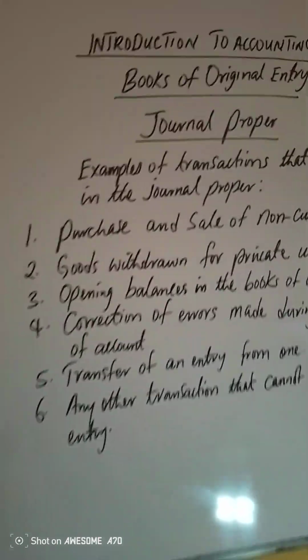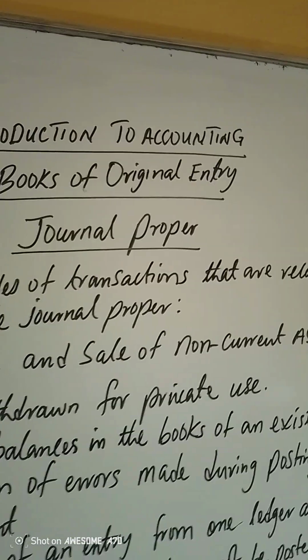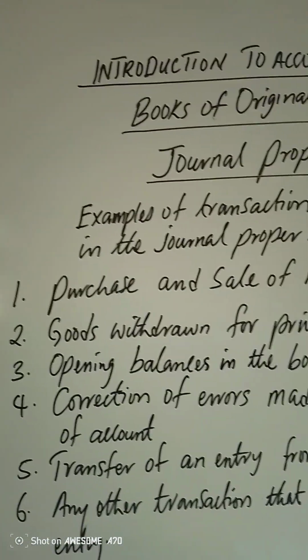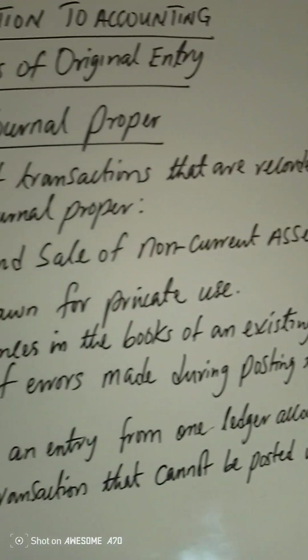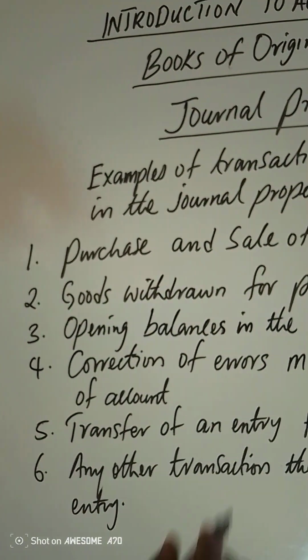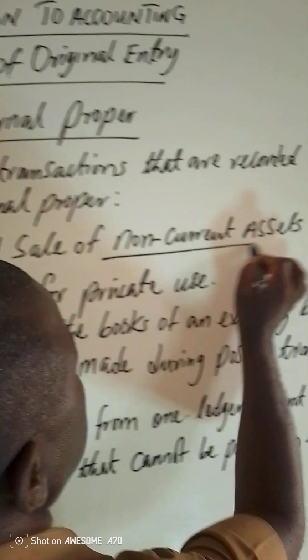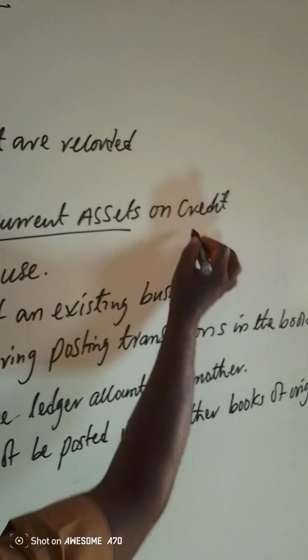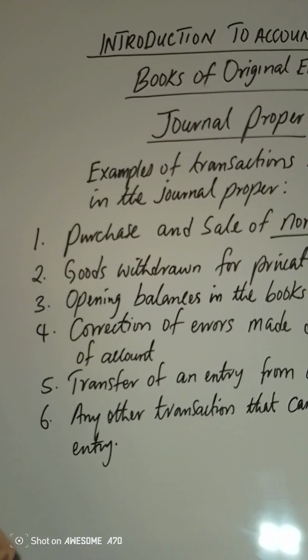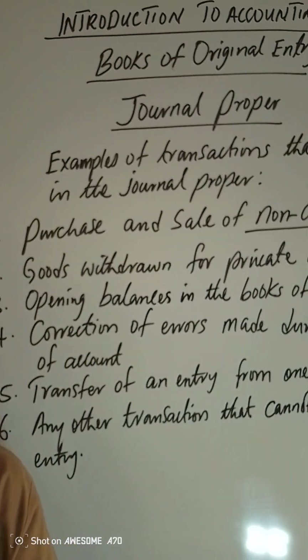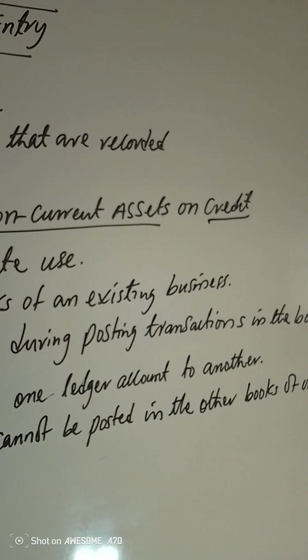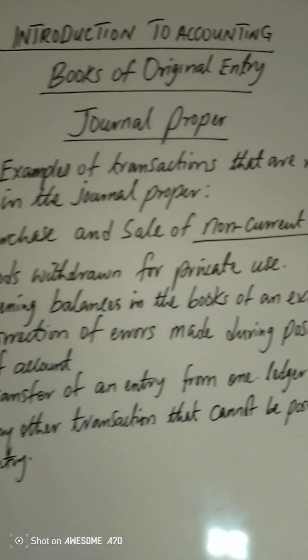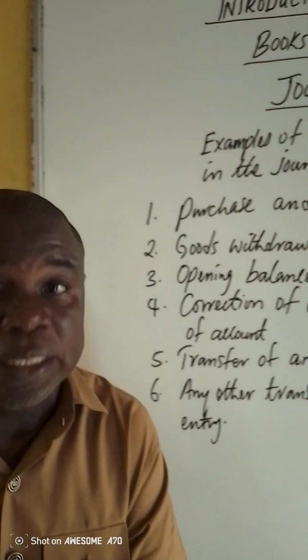Let's continue. If you look at the examples that are recorded in the journal proper, example 1 is purchase and sale of non-current assets on credit. Here it is not by cash, neither by cheque. So you cannot record them in the cash book, neither in the purchase day book, because the purchase day book deals with only goods that are meant for resale.